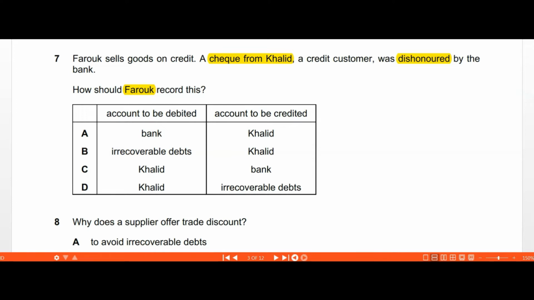So we do know that this is something where the account will now be debited again because we did not get the money from this person. So the two options that have the account as debit are C and D only, right? So Khalid's account will be debited again. Why? Because that money was not received, and we'll simply credit our bank account. Why? Because we did deposit it, and we are not recording it as an irrecoverable debt.